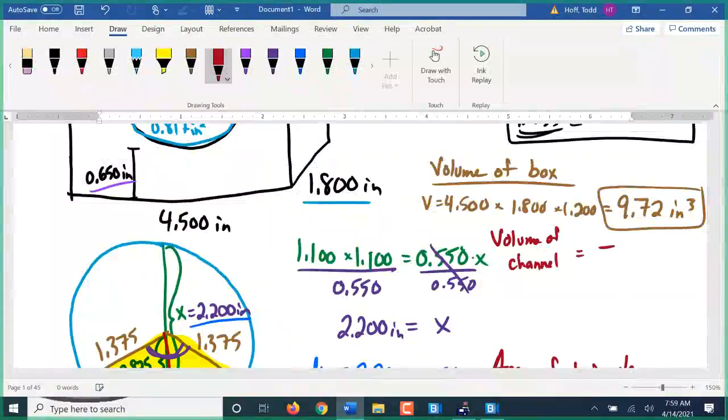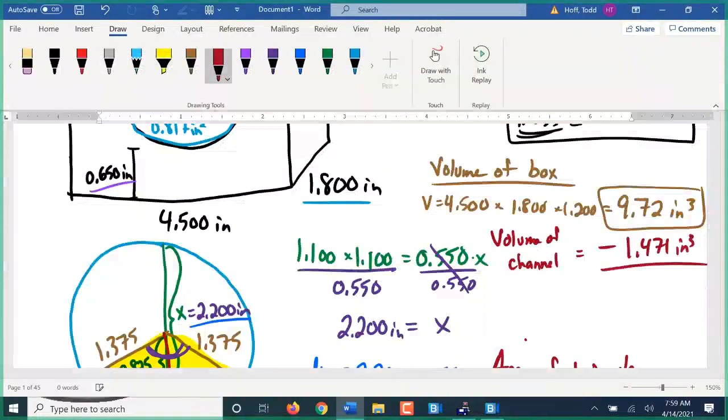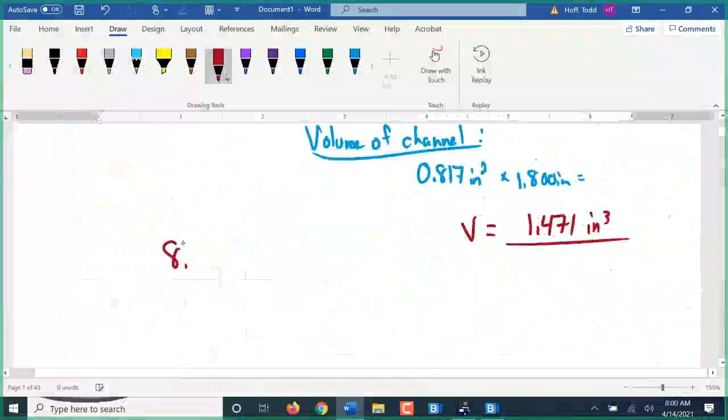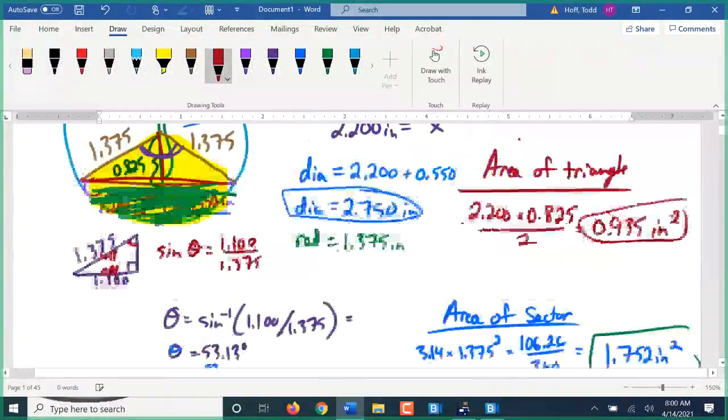Now I have to subtract that out of the volume of the whole box. 8.249 cubic inches is the volume of the whole object.